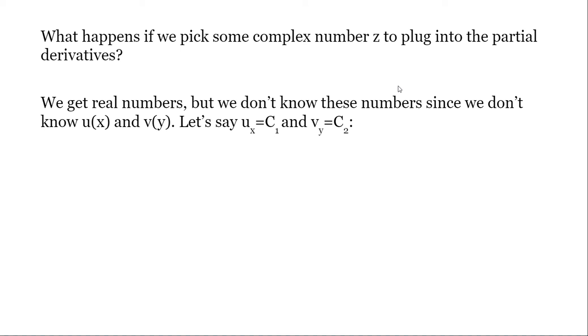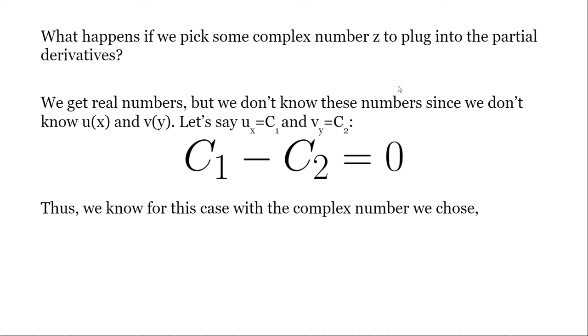So let's just say we plug in x and y into these derivatives, and we get some numbers c1 and c2, where the partial of u with respect to x equals c1 and the partial of v with respect to y equals c2. So we get c1 minus c2 equals 0 from the Cauchy-Riemann equation, and we know this to be true. And for this specific complex number that we chose, since c1 minus c2 equals 0, we get that c1 equals c2.